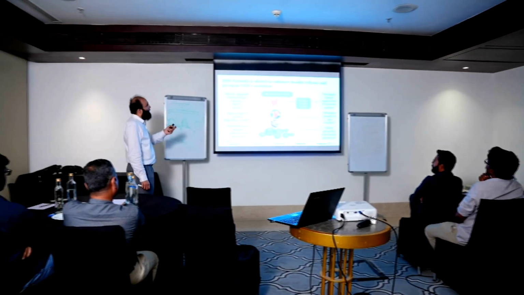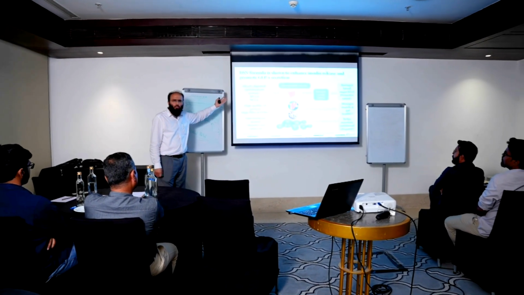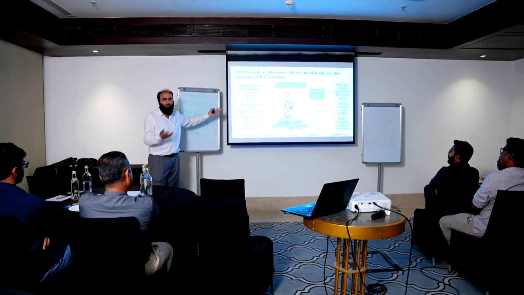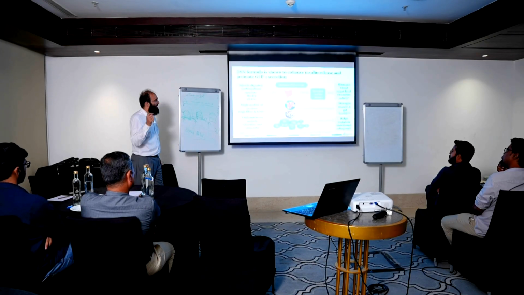So DSN formula is shown to enhance insulin release and promote GLP-1 secretion. This is similar to what your alpha glucosidase inhibitors are doing, especially acarbose. The undigested carbohydrate goes into the large intestine and causes secretion of GLP-1 from the enterocytes.